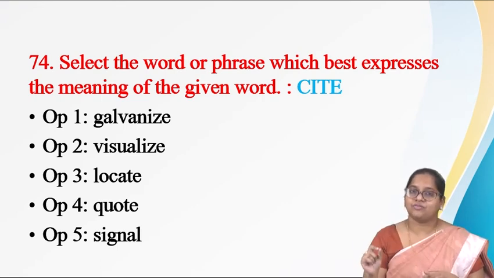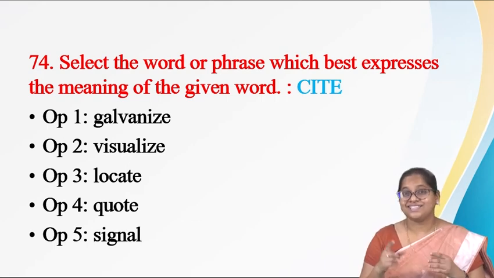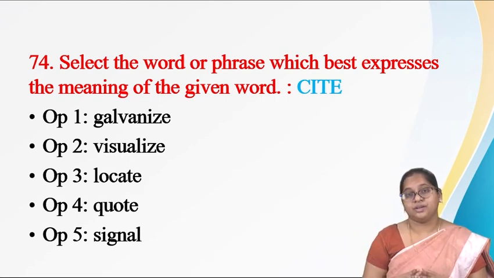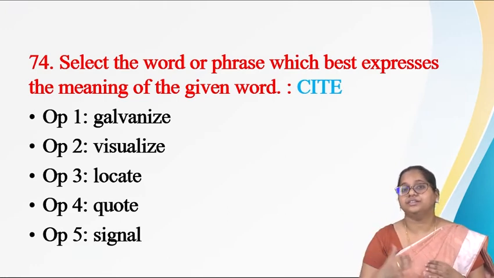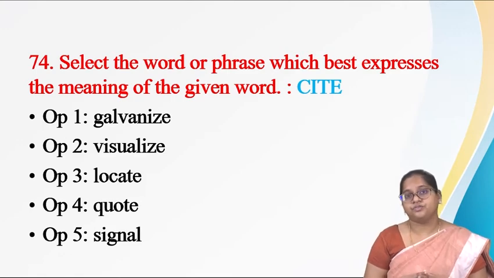You quote someone's name. Let me give you one example so that you will understand very well. I cited her works in my article, or try to cite her book when you write your article, or a piece of article.